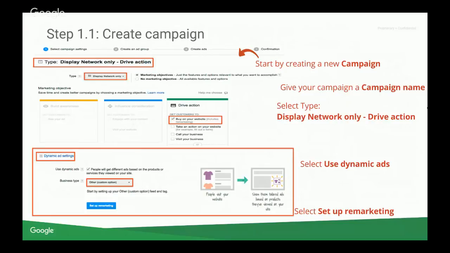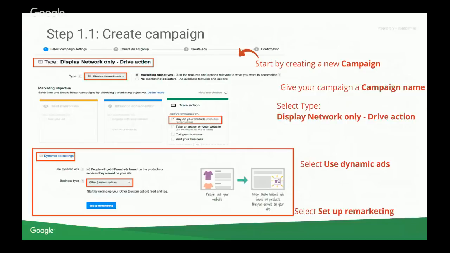Once you select display network only as the type of your campaign, you have to choose a marketing objective. This marketing objective is usually buy on your website. Of course, here you'll be able to see that this includes remarketing.